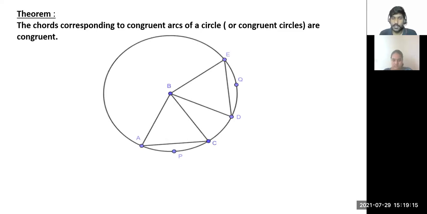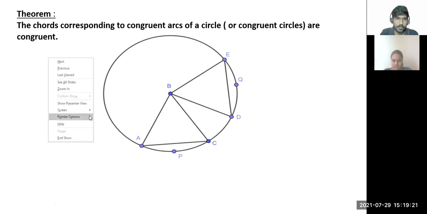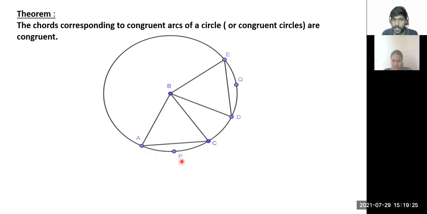Now look at this figure, understand the statement first, and then we'll go with the proof. The proof is very simple. Here we have arc APC and arc EQC. These two arcs are congruent to each other.